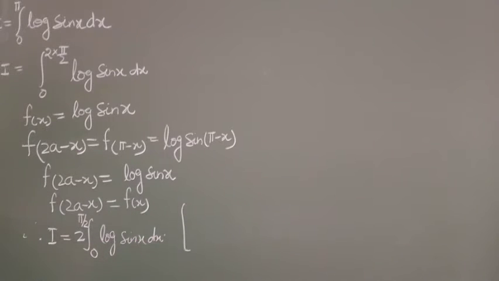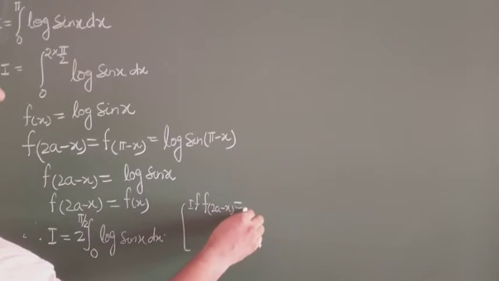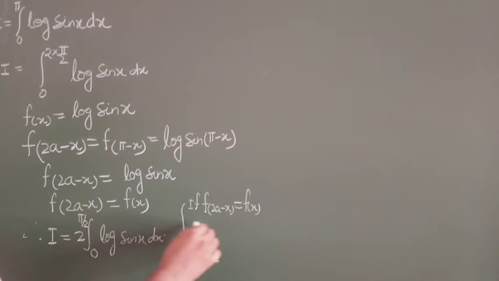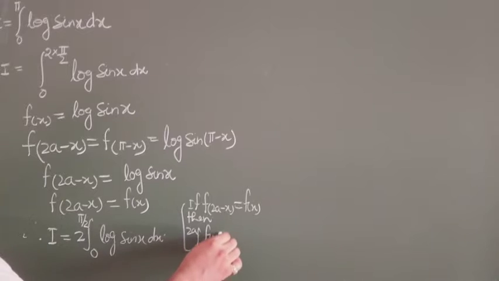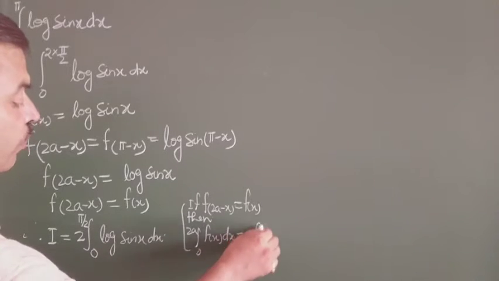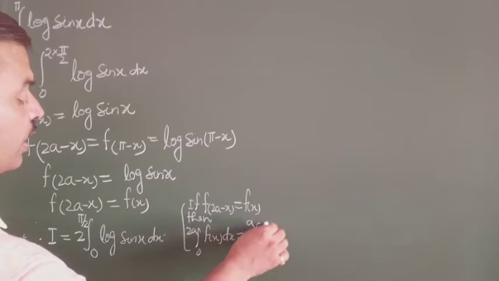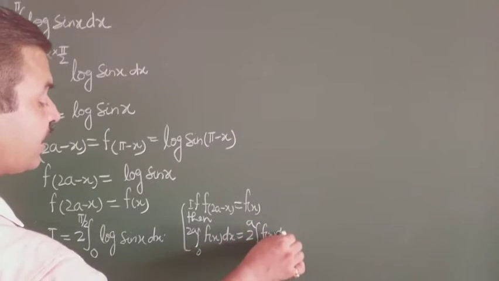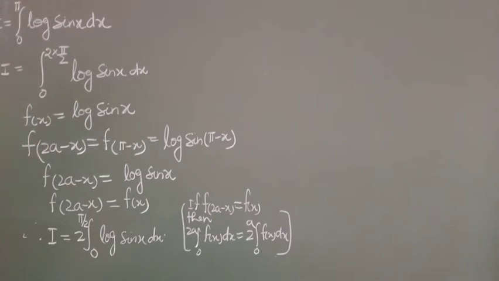Here we have to mention the property: if f(2a minus x) equals f(x), then the integral from 0 to 2a of f(x) dx equals twice the integral from 0 to a of f(x) dx. So I have used that property.